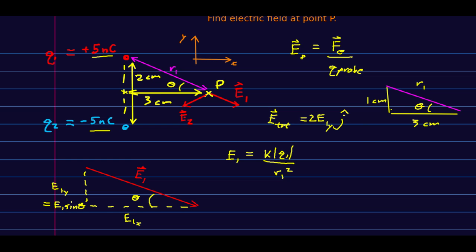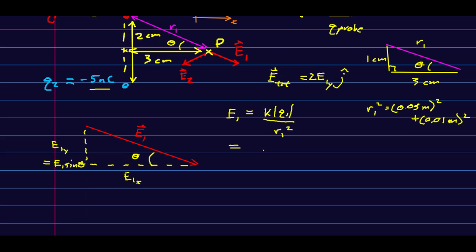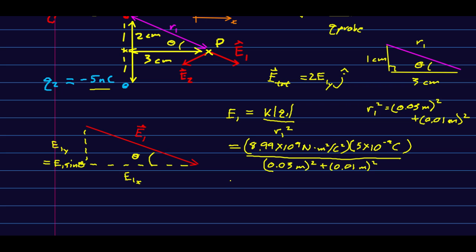We know that's a right angle, so R1 squared is just 3 centimeters squared plus 1 centimeter squared. At that point, we know everything we need to know to get E1. I'll just write it all out here. If you plug that into a calculator, you're going to find that that is 4.5 times 10 to the 4.